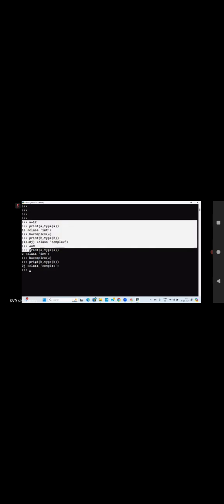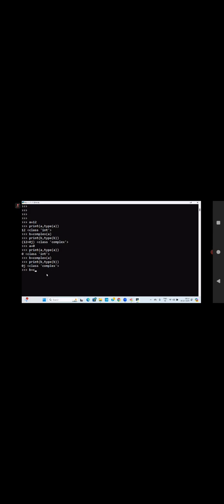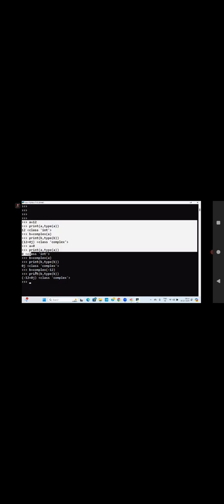Understood that? So, coming back to the point, here I am going to say B comma type of B, which is going to be called what? 12 plus 0j, which is a complex. Able to understand? A is equal to 0, students. Print of this A, complex of this B, print of that, 0j is printed. Able to understand? If we write B is equal to complex of minus 12, print of this B, minus 12 plus 0j is done.